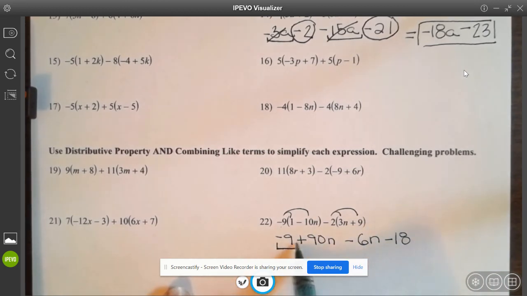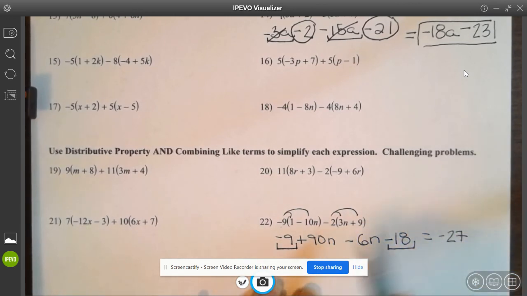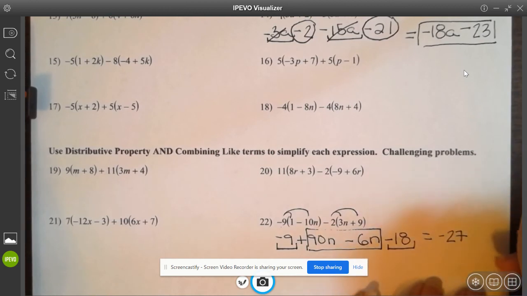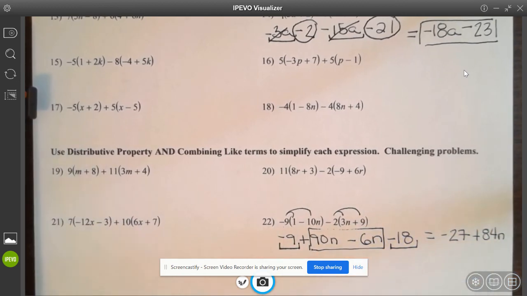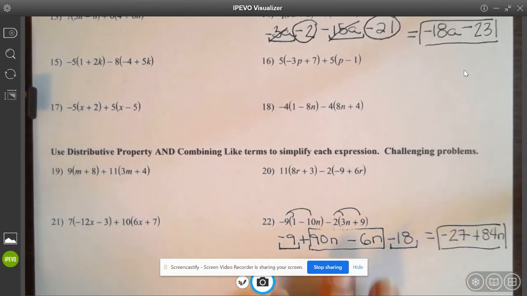You combine this one with this one, from left to right. -9 minus 18, that is -27, and then 90 minus 6, that is 84, so plus 84n. And you are done. That is your answer. Why? Because you cannot do anything else further.